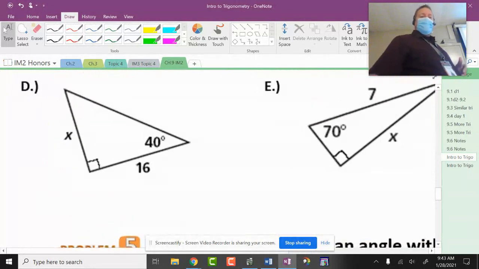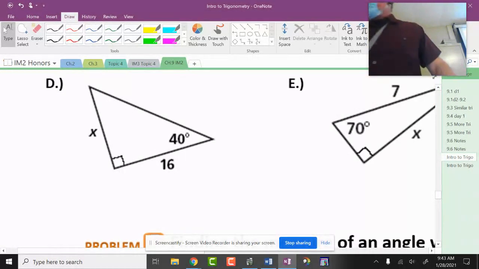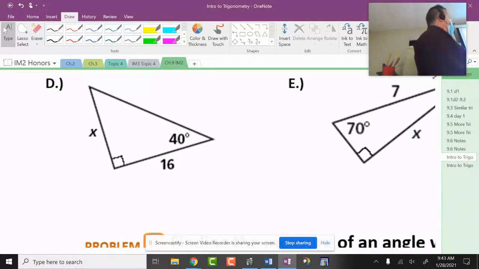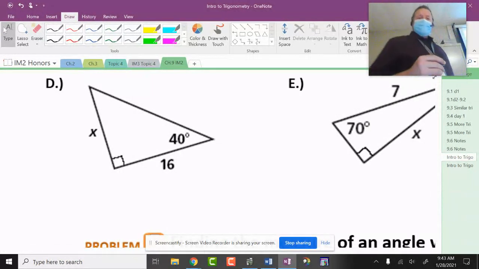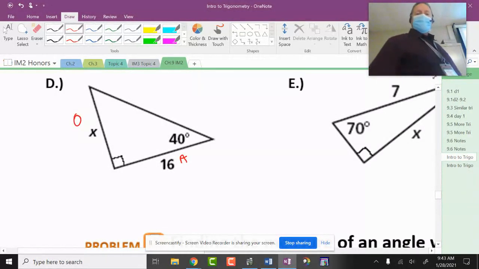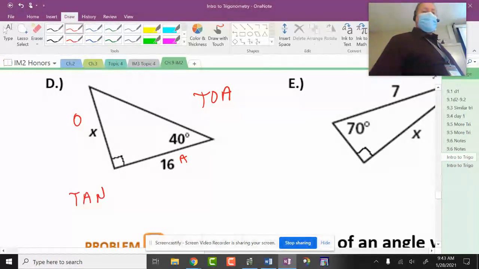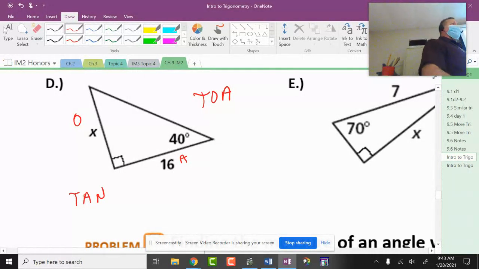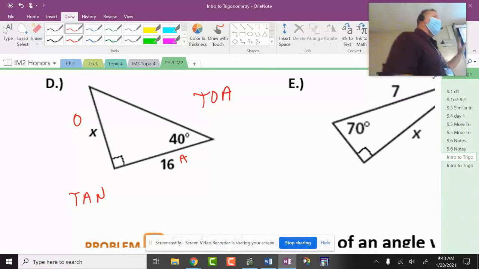And then just one more of this section. Miranda, which sides do you see? Okay, then what does that mean, SOHCAH or TOA? That means which trig function? Yeah, just say tan. It's actually tangent, but I always say sine for sin, then cosine, cos, and then tan is tangent, but we'll just say tan.